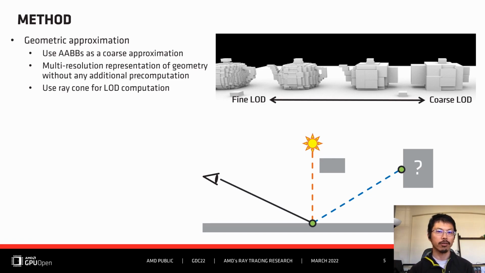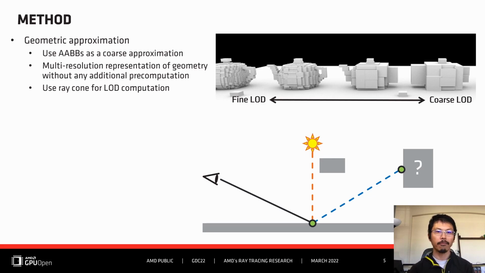The orange dotted line in this illustration is an example of an occlusion ray. All we need from here is to check if there is an object which is blocking the ray or not. Therefore, we can use this geometric approximation very easily.